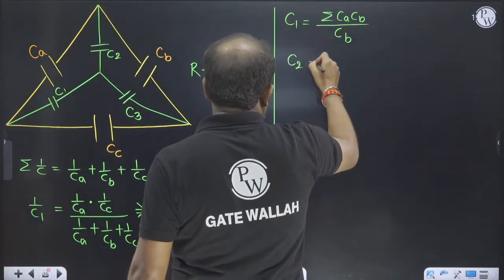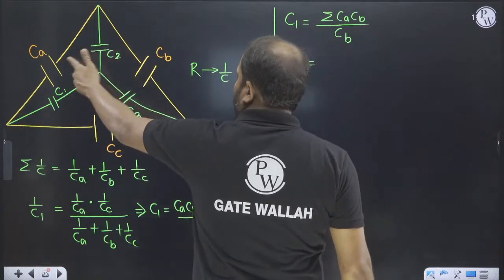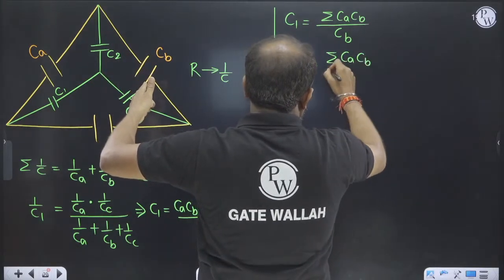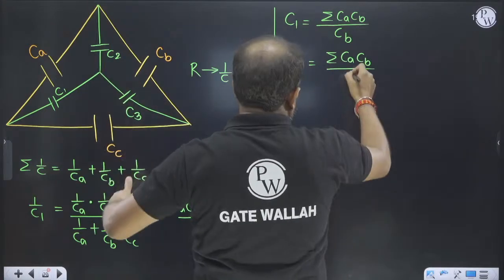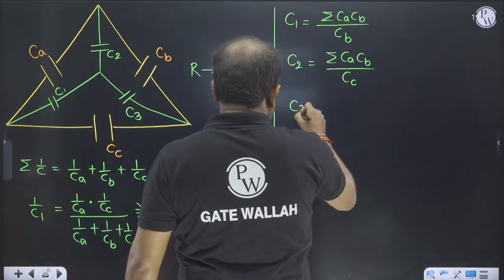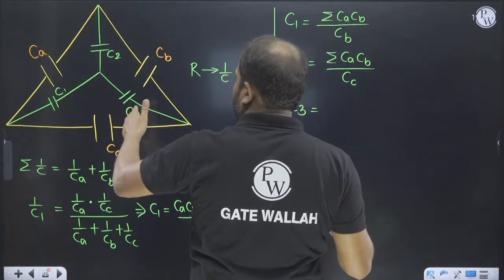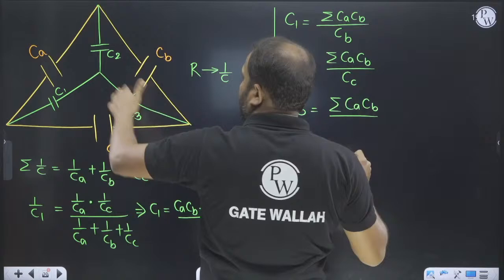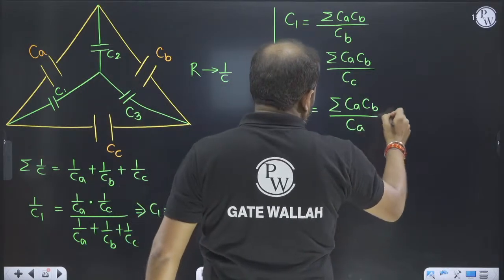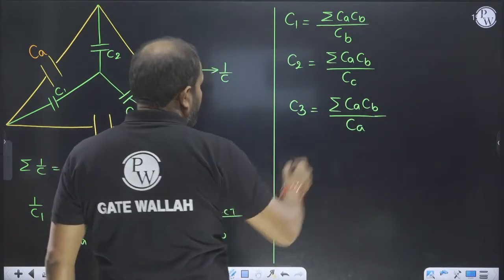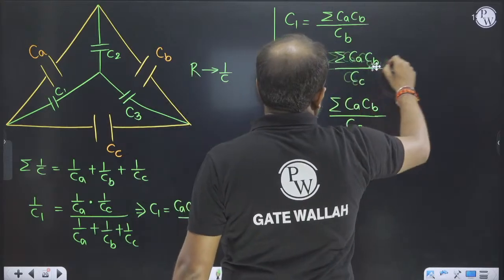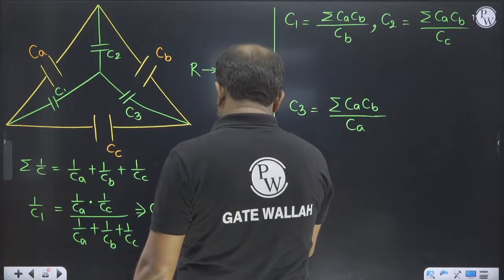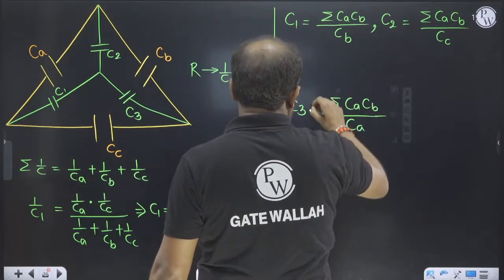And C2 will be equal to summation of CA CB divided by CC, and C3 will be equal to summation of CA CB divided by the opposite, CCA. So this is the method you can remember the formula for C1, C2, C3.